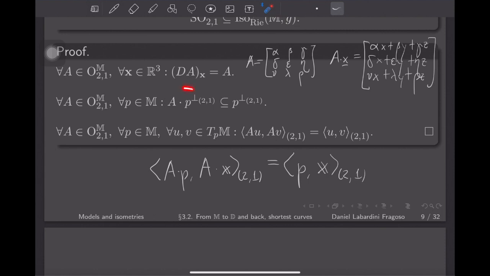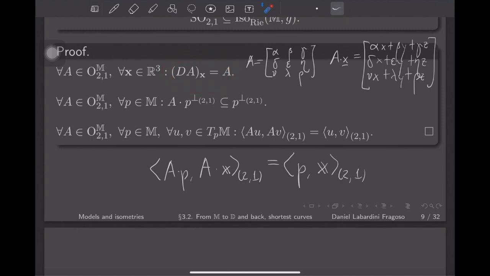And here I can think, okay, this is already the derivative, right? So what I'm saying is, one can see this derivative, which a priori is defined in slightly abstract terms, as this very concrete map: each tangent vector to M at P is just multiplied by A. And that's precisely the derivative of your map.